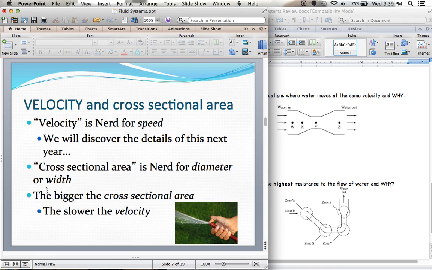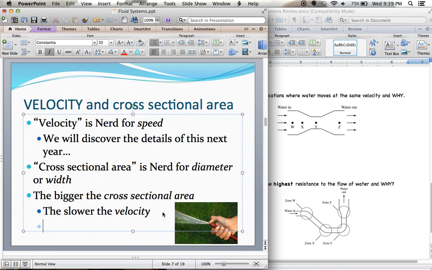Saying it in nerd is saying the bigger the cross-sectional area, the slower the velocity. Now, at the same time, you can also say in nerd, the smaller the cross-sectional area, and I'm just going to call it cross-sectional area for space's sake, the greater the velocity. All right, and this is what we see in this example here.